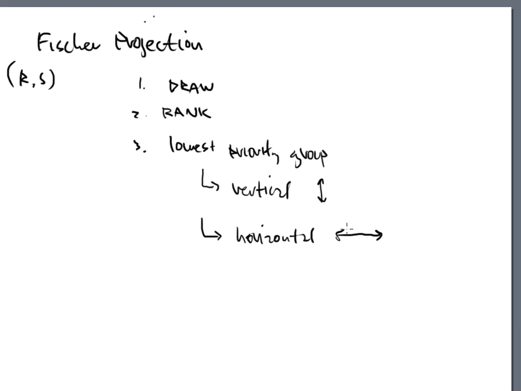So in the Fischer projection, if the lowest priority is on a vertical bond, and you rank the groups like you've done, everything is the same. That's good for us.